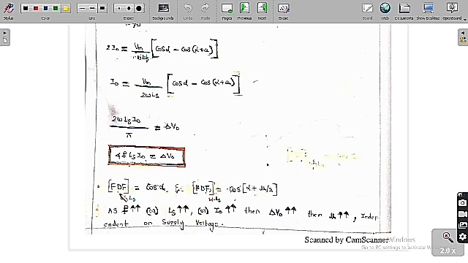This point we have already studied. By introducing the source inductance, that is with Ls, the fundamental displacement factor will be cos of alpha plus mu by 2. So the fundamental displacement factor without the source inductance is cos alpha, whereas with source inductance it is cos of alpha plus mu by 2.